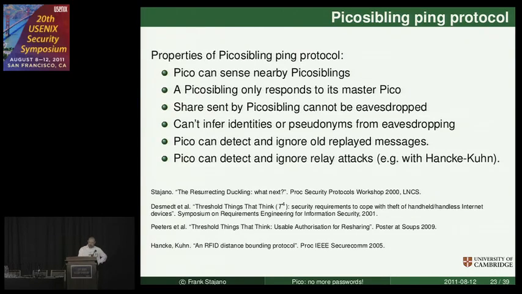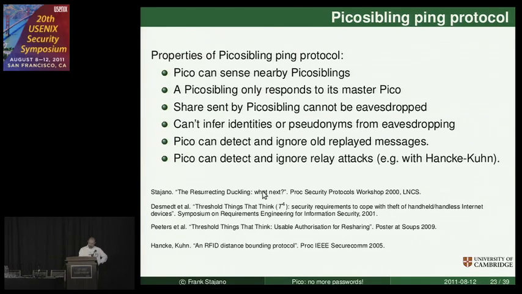So this is something that, with a distance bounding protocol between the Pico and the Pico siblings, you should detect and reject, because of course a relay attack would completely kill the idea of sensing proximity.